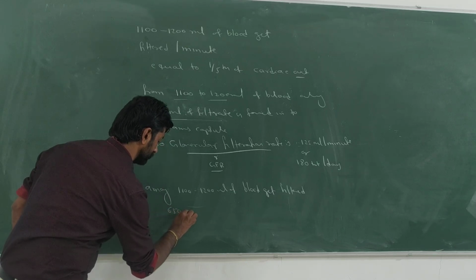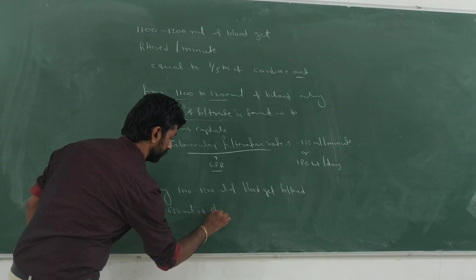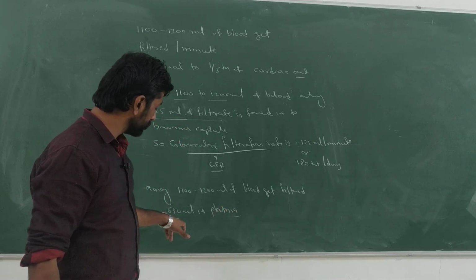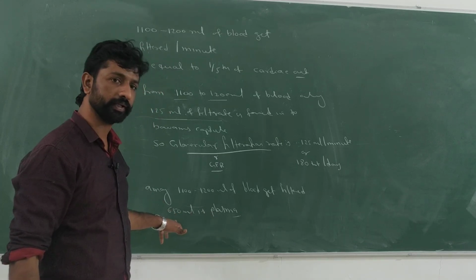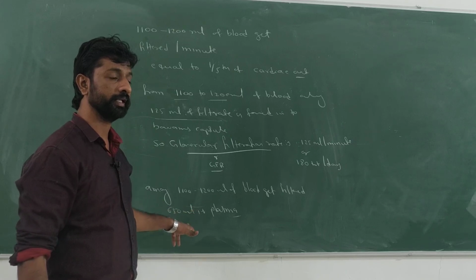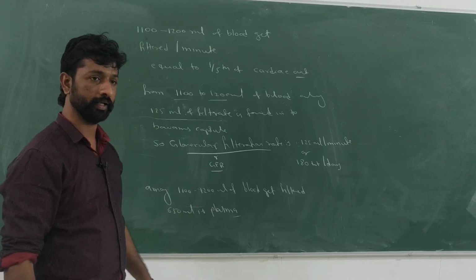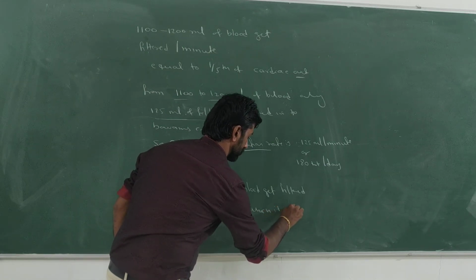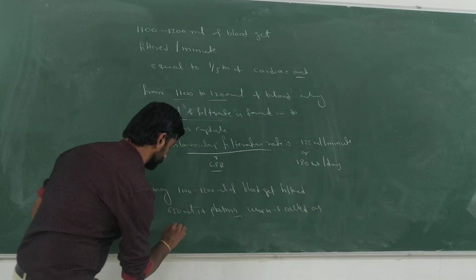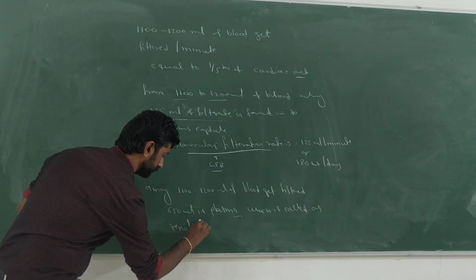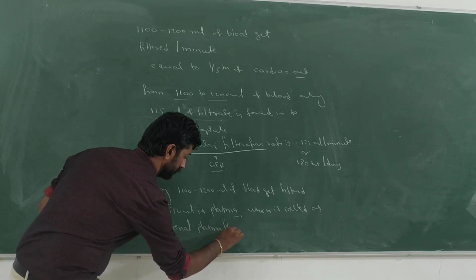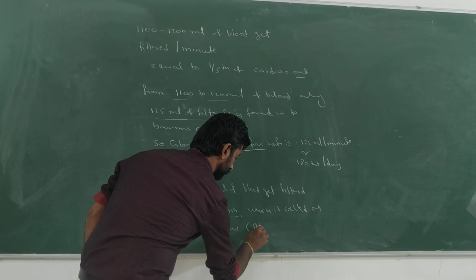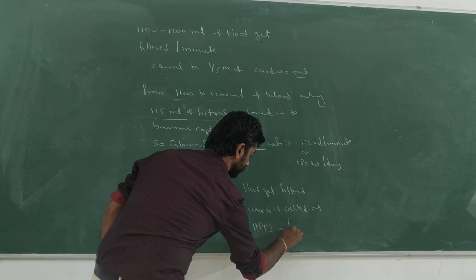This 650 ml of plasma represents the renal plasma flow, that is RPF.